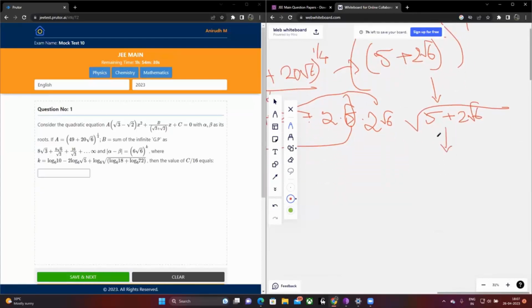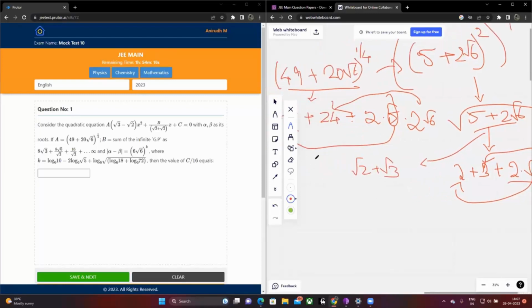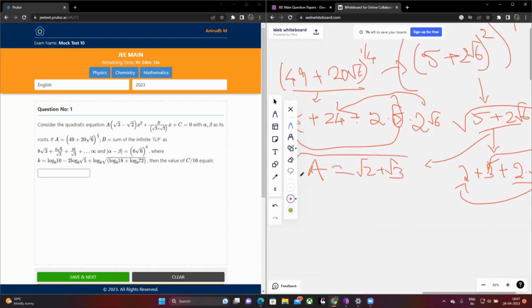Now we can again simplify this 5 plus 2 root 6 as 2 plus 3 plus 2 into root 2 into root 3, where it's pretty simple to see that root 2 squares to 2, root 3 squares to 3. So this expression can basically be written as root 2 plus root 3 the whole square, and this root and square cancels to give you root 2 plus root 3, which is the value of A, right?